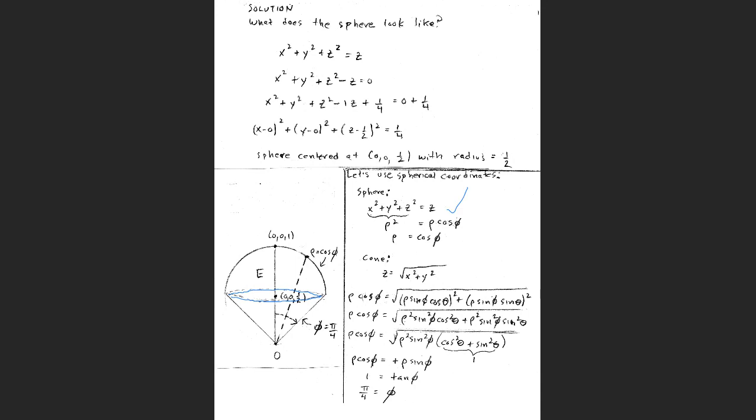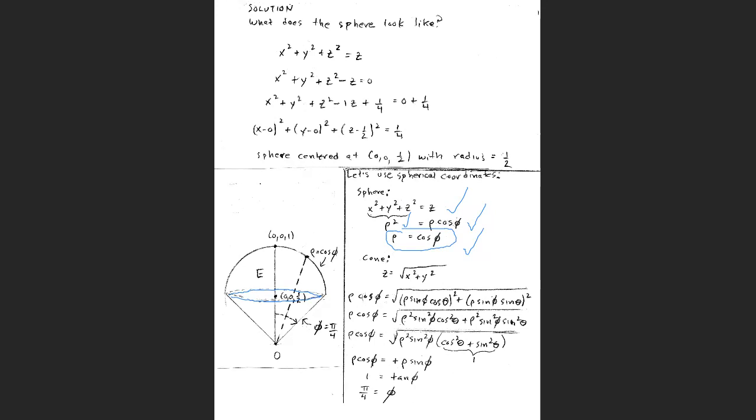X squared plus y squared plus z squared equals rho squared, and z equals rho cosine phi. So I can represent this sphere, the sphere centered at 0, 0, a half, in spherical coordinates by the equation rho equals cosine phi.